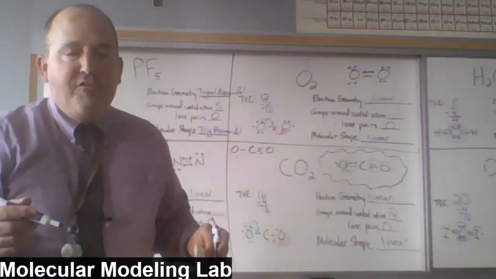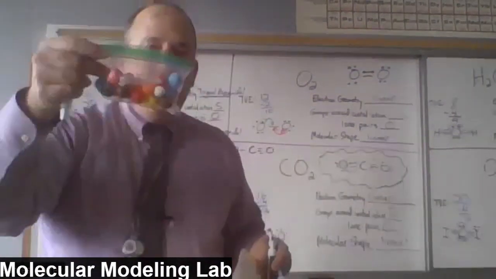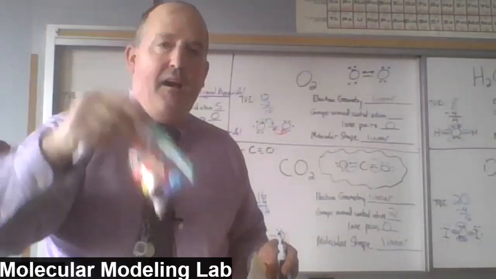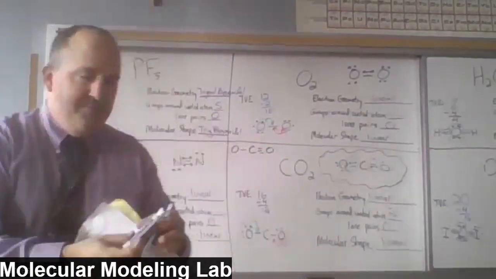Okay, so that was the hard part of this lab, to build all of these molecules out of our plastic models. And now for the fun part of the molecular modeling lab. We've done the work of writing the Lewis structure, identifying electron geometry and the molecular shape. Now we get to play with the plastic modeling kits.